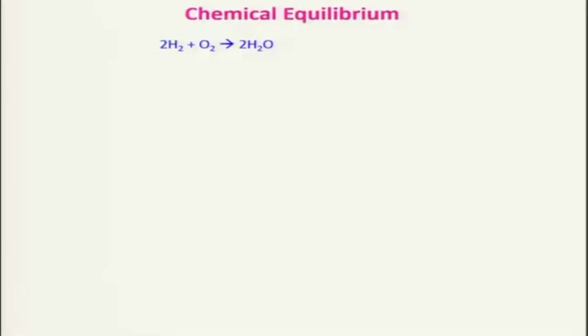The chemical reaction will be going on, however, the rate of the forward reaction will be the same as the backward reaction. For example, if I take 2 moles of hydrogen reacting with 1 mole of oxygen going to the product, 2 moles of water, this is your forward reaction, right, and the backward reaction I am showing over here.